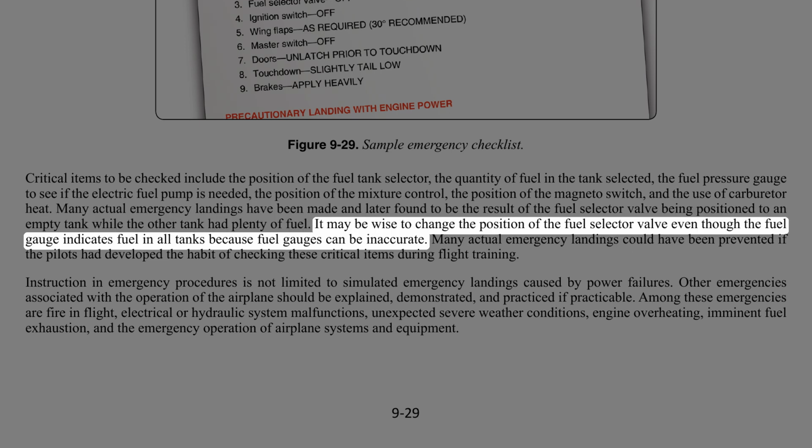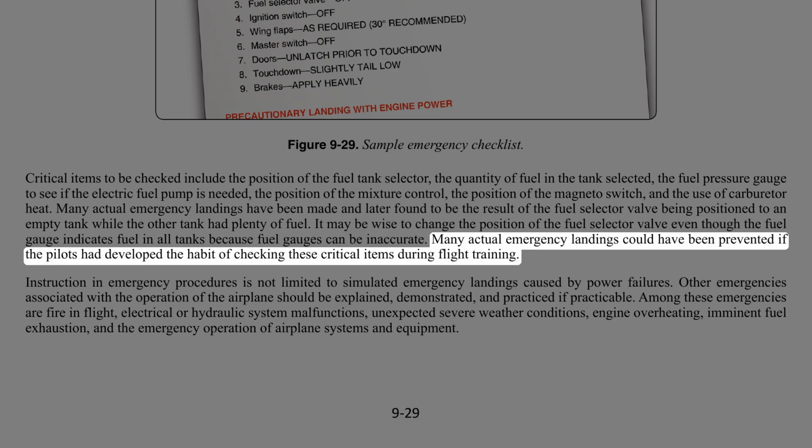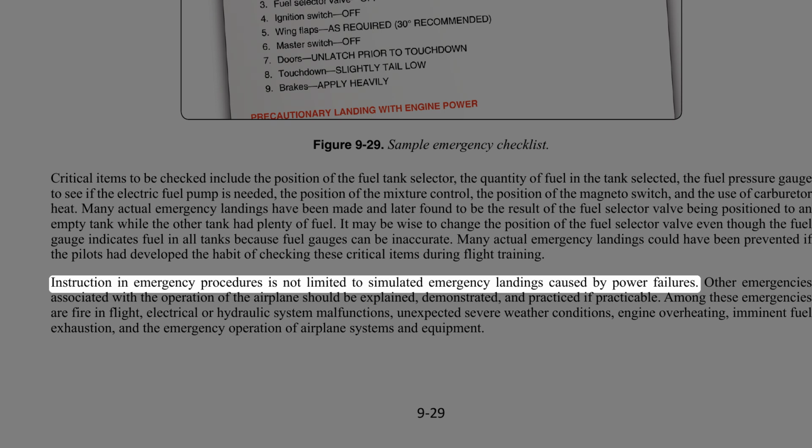It may be wise to change the position of the fuel selector valve even though the fuel gauge indicates fuel in all tanks because fuel gauges can be inaccurate. Many actual emergency landings could have been prevented if the pilots had developed the habit of checking these critical items during flight training.